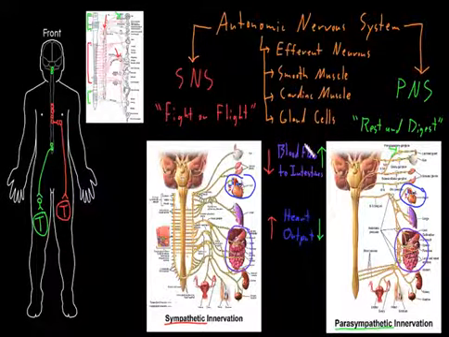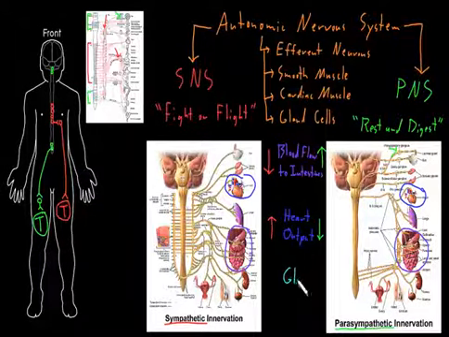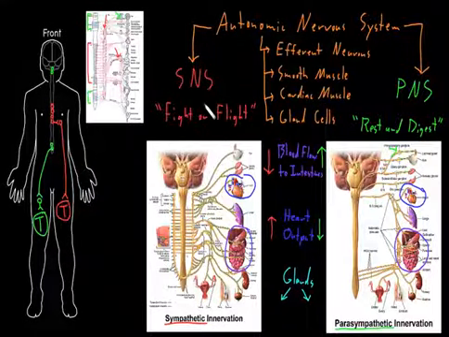And then if we think about gland cells, there's a bunch of different glands that the autonomic nervous system controls, and they tend to be activated kind of differently at different times. So one type of gland that's activated during fight or flight situations when the sympathetic nervous system is active are sweat glands out here in the skin.